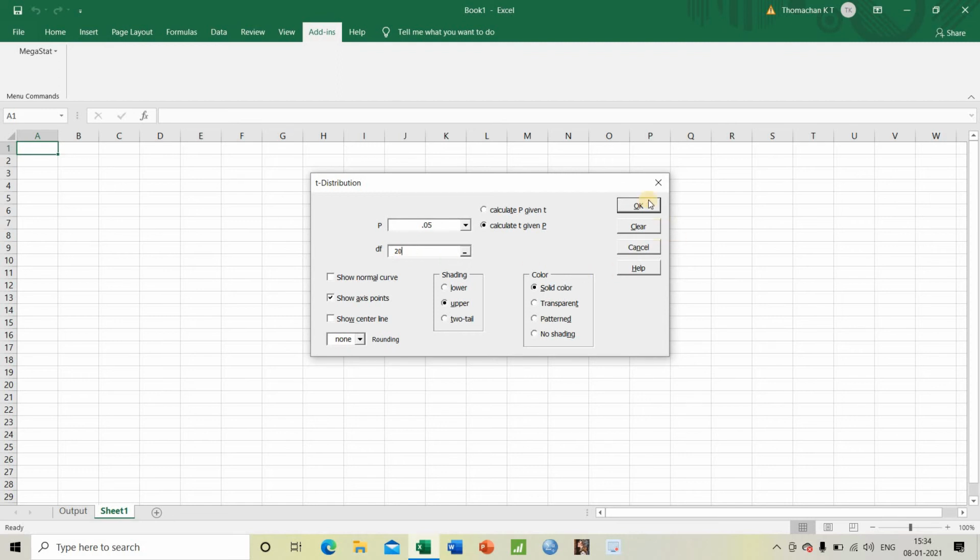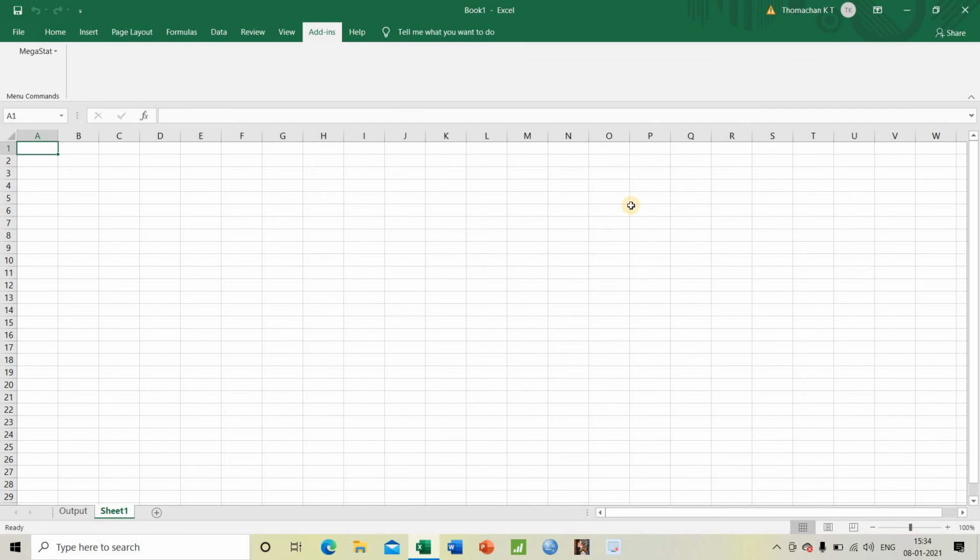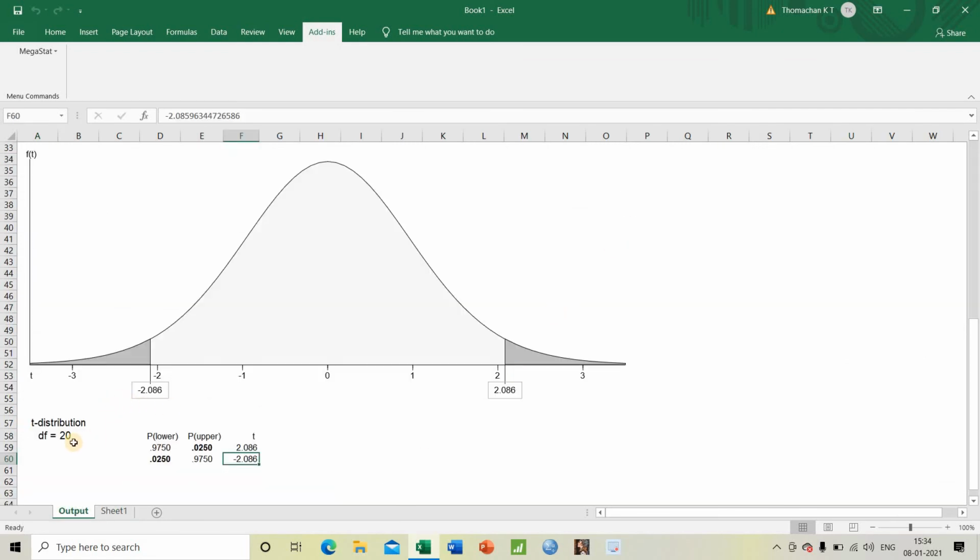So with 20 degrees of freedom, 0.05 on both the tails, I give 2 tail, OK. As you can see, for T distribution with 20 degrees of freedom, the critical t values are minus 2.086 and 2.086, 2.5% here, 2.5% here.